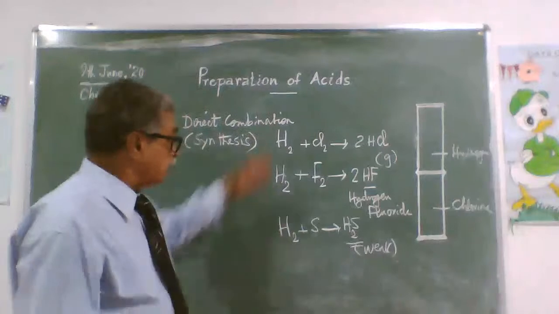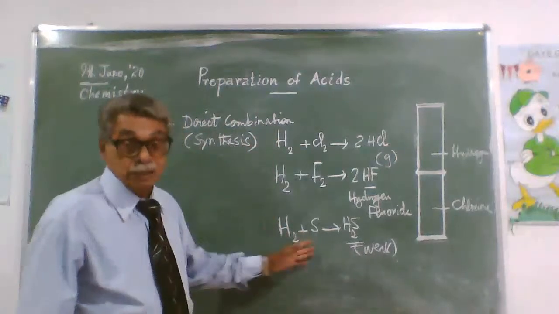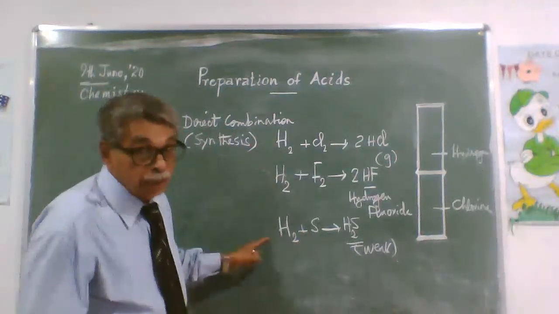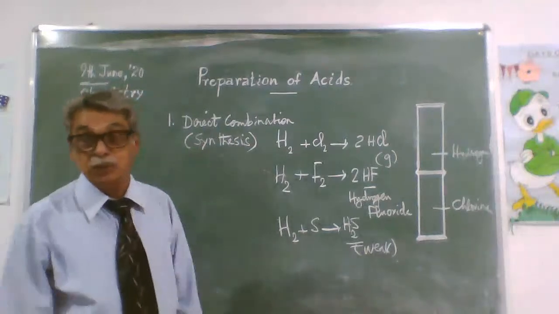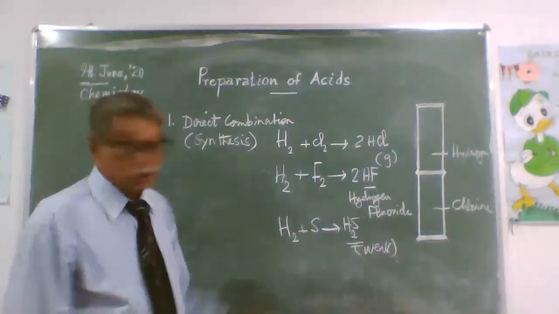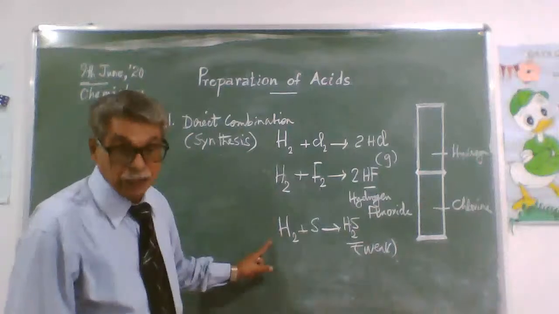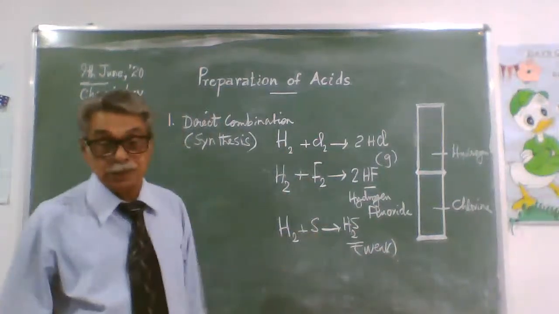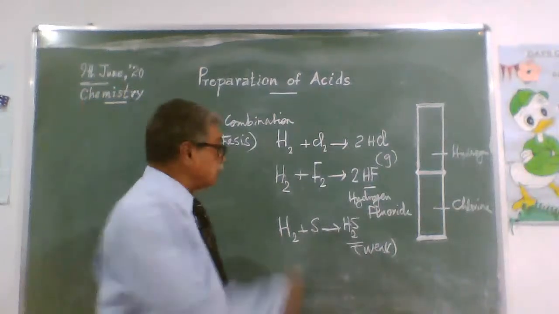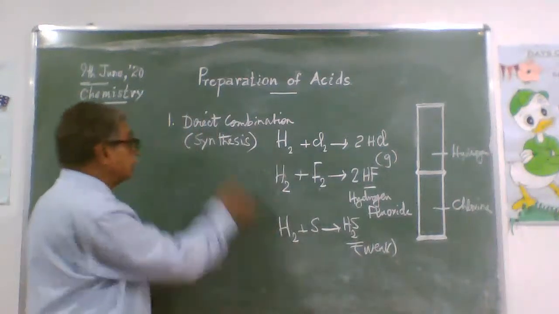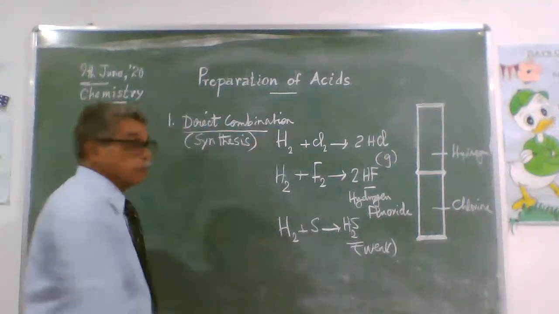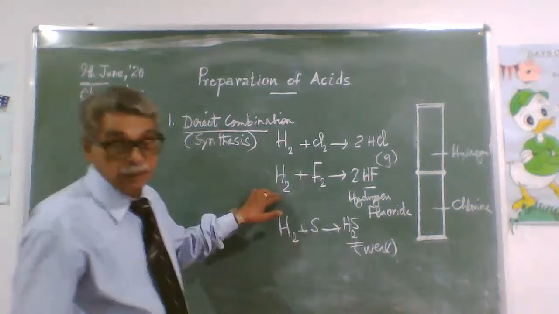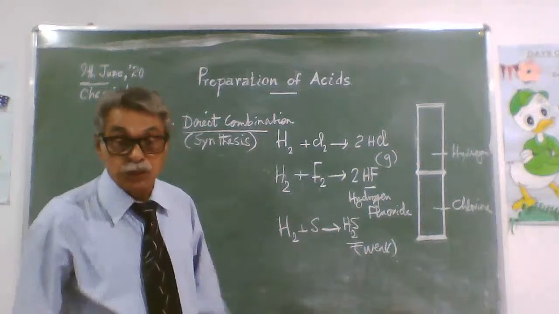So these are all direct combination of the elements, one of the elements being hydrogen. Without hydrogen, there is no acid. So one of the elements has to be hydrogen, and the other can be some other suitable nonmetal. These are examples of direct combination or synthesis of elements resulting in the formation of acids.